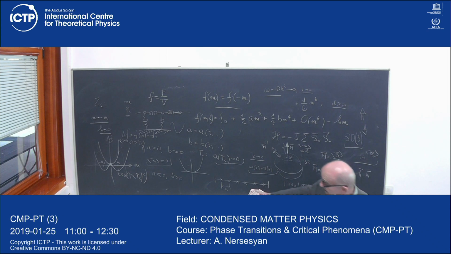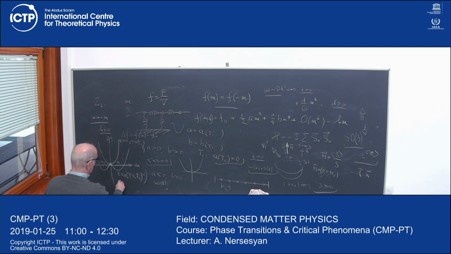Lattice vibrations give us such an example. Because if I go to the description of lattice vibrations, if u(x,t) is the displacement field, you remember what the displacement field is?